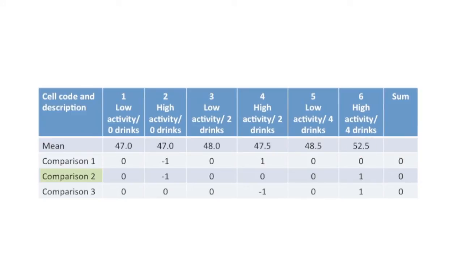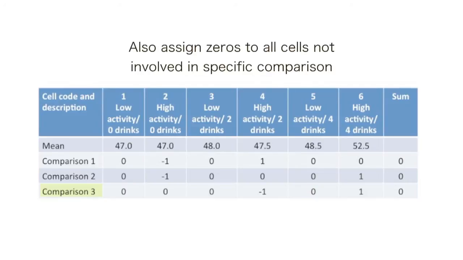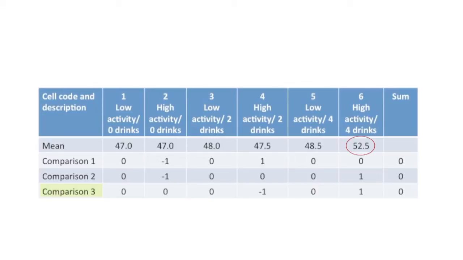And in the third comparison, I'm comparing 2 drinks with 4 drinks. 4 drinks has a higher mean than 2 drinks in the high activity Wii game, so it gets a positive 1 and the other gets a negative 1, with zeros for all other cells. So this comparison is testing if 52.5 is significantly different from 47.5.